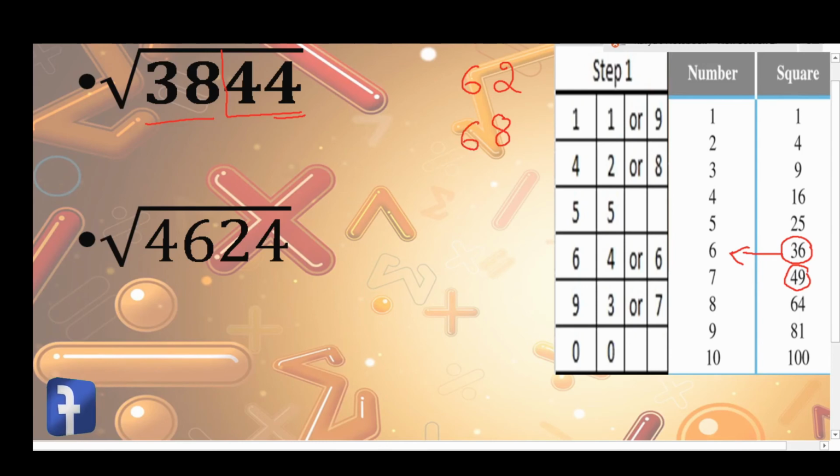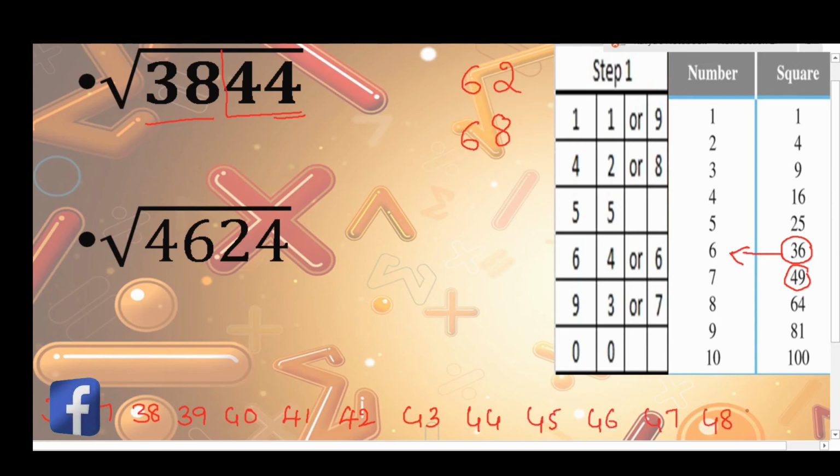So step number 3, I need to mention all the numbers from 36 to 49. Let's write 36, 37, 38, 39, 40, 41, 42, 43, 44, 45, 46, 47, 48 and 49. You can see there are 14 numbers there.